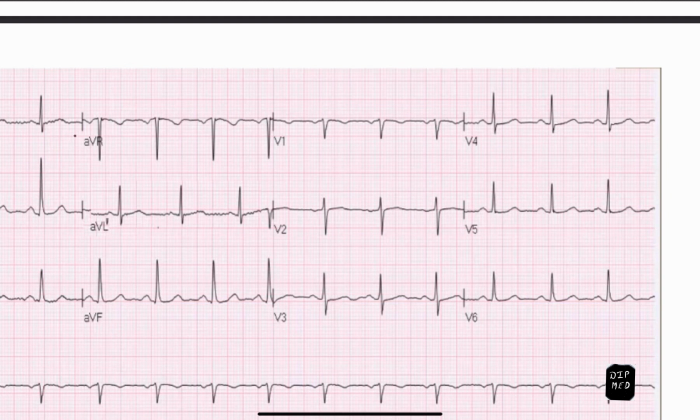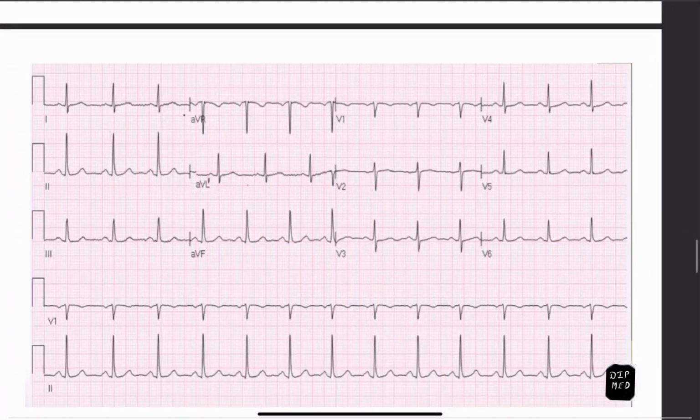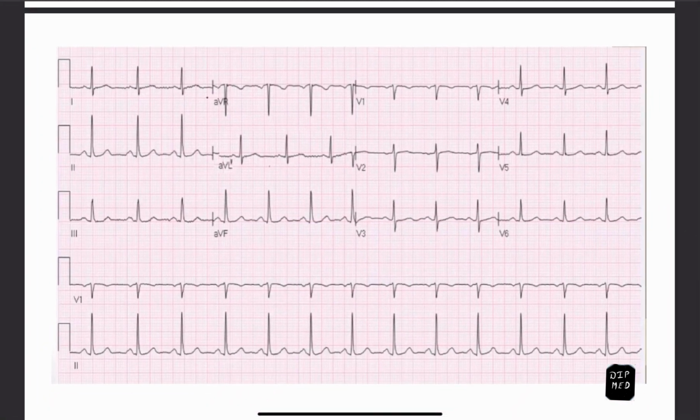Hence, all the QRS complexes are going upward. Lead V3 is in the middle, hence some parts of the QRS complex are going upward and some are going downward. So all these EKG leads are looking at the same electrical activity of the heart, but they all look different because all of them view the heart from a different vantage point.